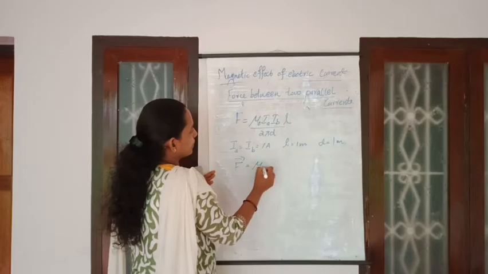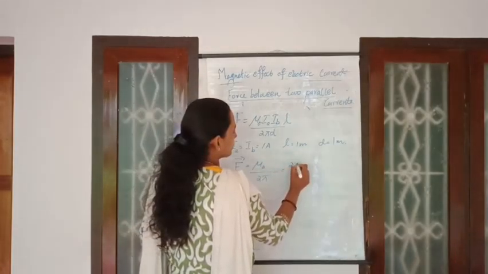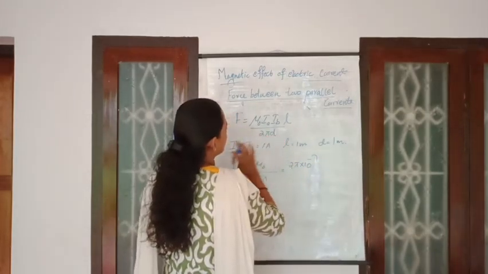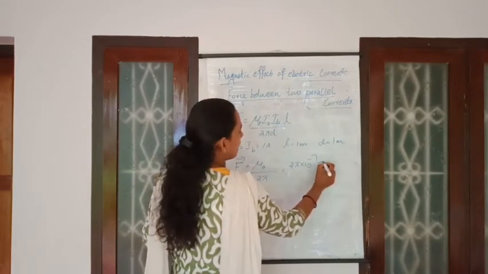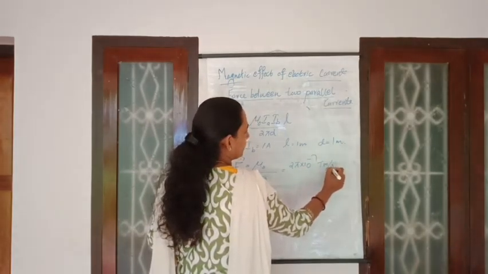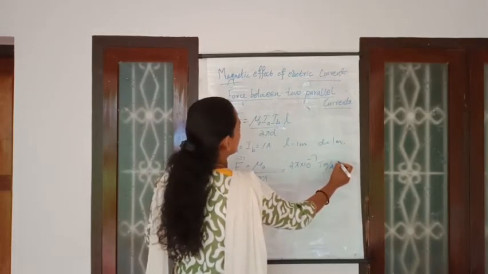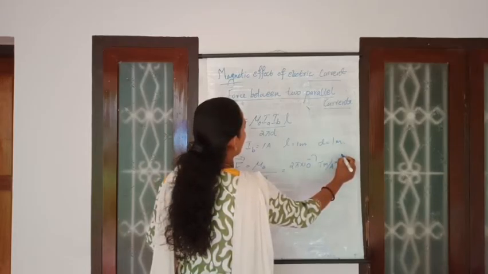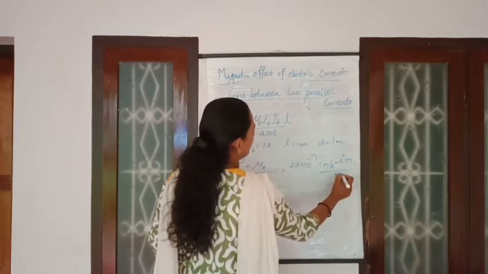F means mu 0 by 2 pi. But what is mu 0? Mu 0 is 4 pi into 10 raised to minus 7. And the unit, whenever you are writing, is Tesla. Mu 0 is Tesla meter per ampere, no? Into ampere square meter divided by meter.